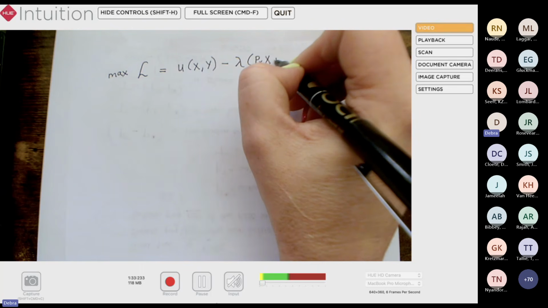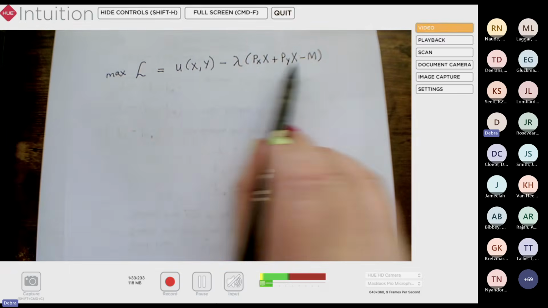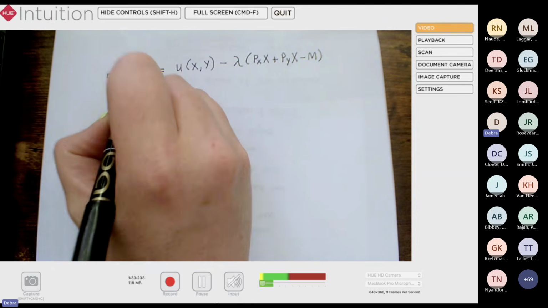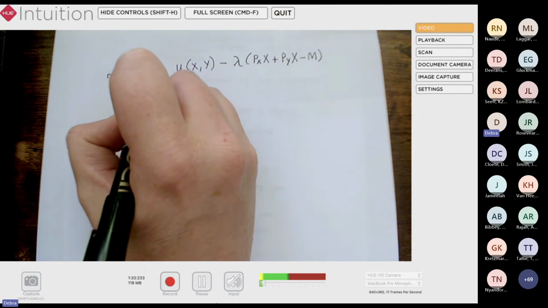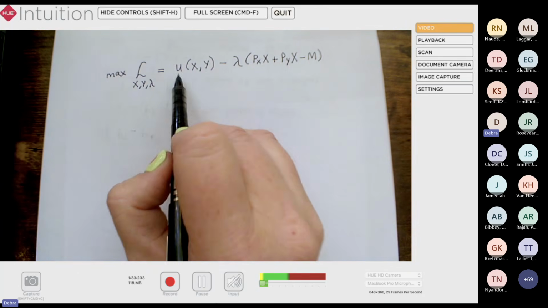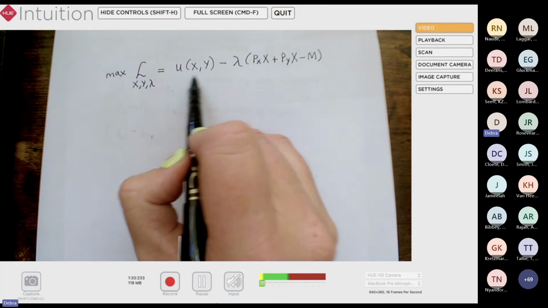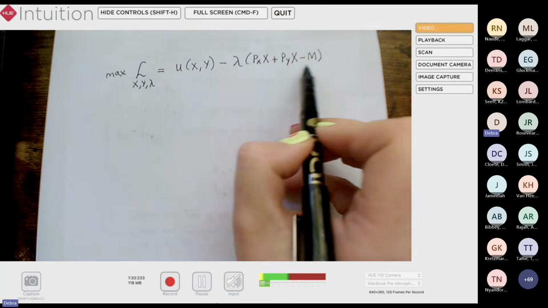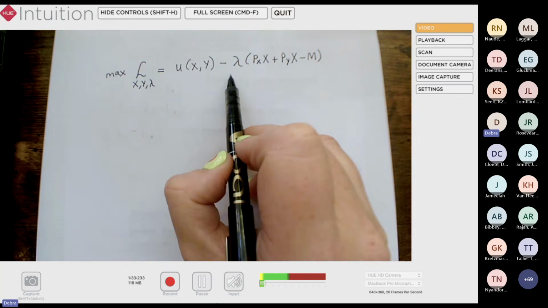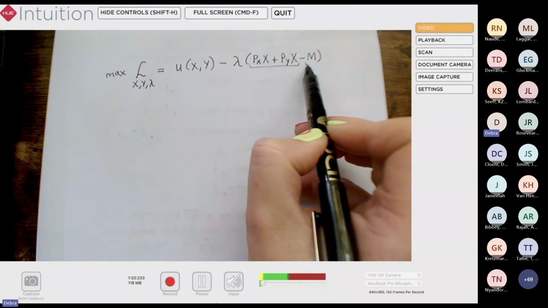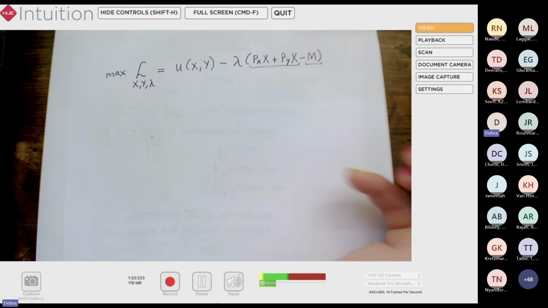Okay, so this is what the Lagrangian is about. It's about finding the values of x, y, and lambda that make the difference between the utility we get and a penalty for overspending. So this is what we spend, this is what we have. We want to try and maximize that difference.